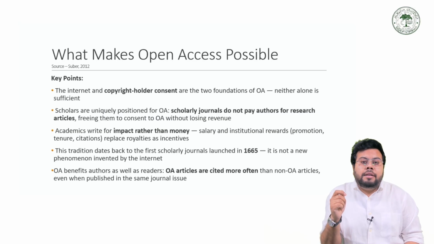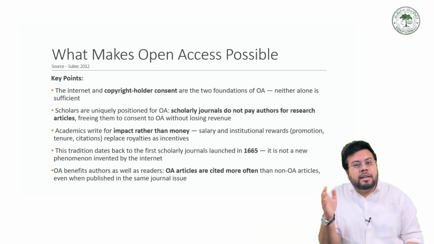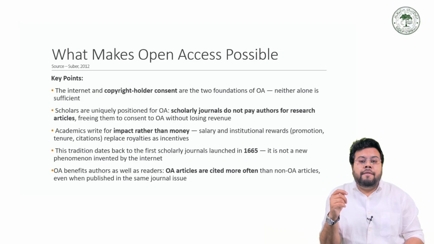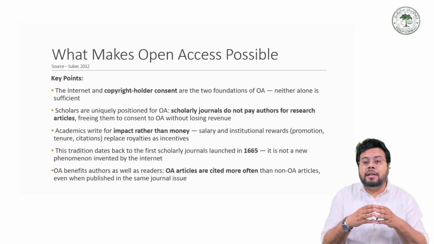Now this slide answers a question students often ask: why would an author give away their work for free? The answer is that for most academic authors, giving it away was already the norm centuries before the internet. Scholarly journals have never paid authors for research articles, not since the very first one launched in 1665.